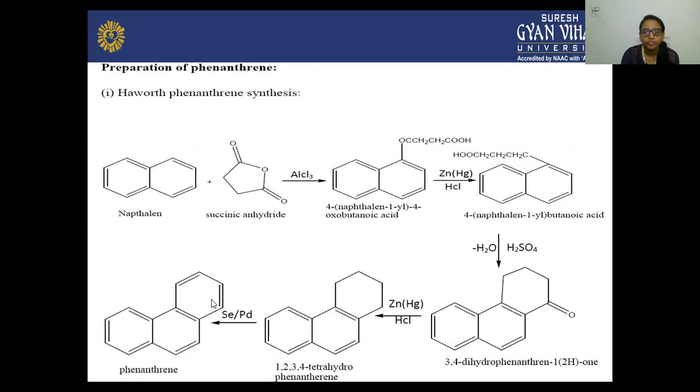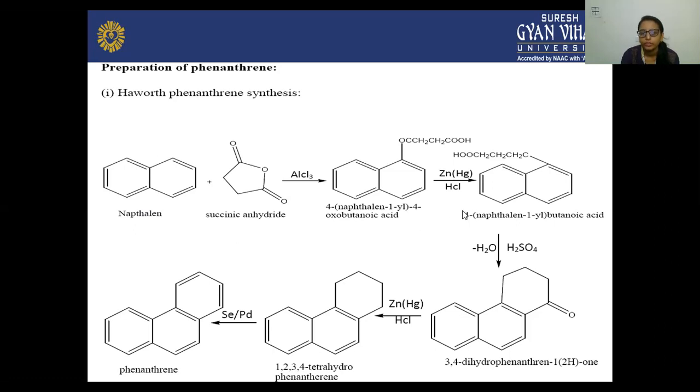Next, this is the preparation of phenanthrene. The first method is the Haworth phenanthrene synthesis. Naphthalene, in the presence of succinic anhydride and the catalyst aluminum chloride, forms an intermediate.